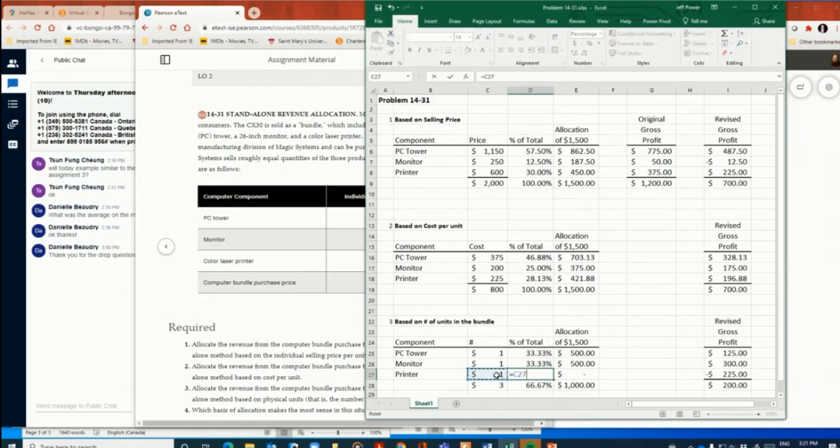What's 1 printer as a percentage of a total of 3 items? And sure enough, it's 500, 500, 500. I mean, you could have done that in your head.